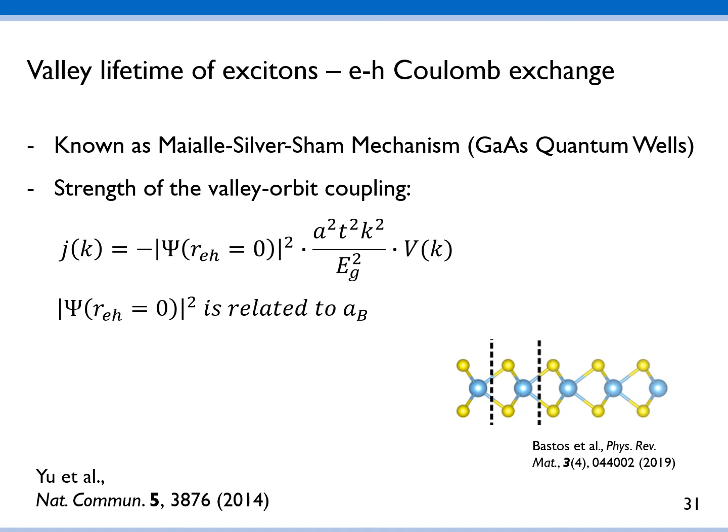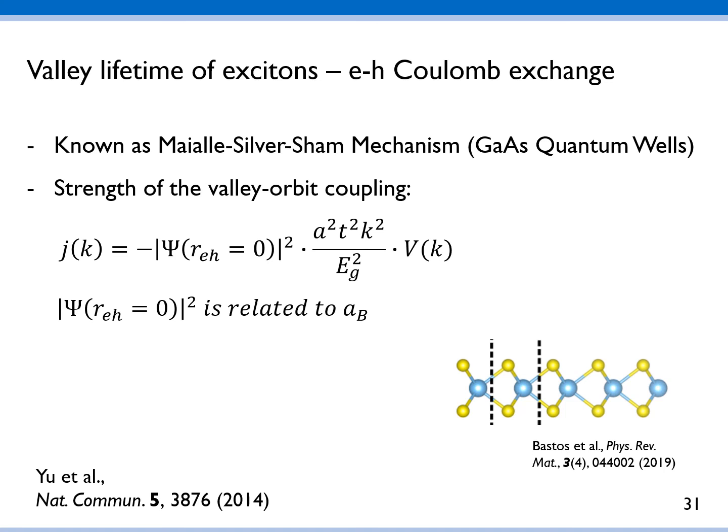Now, let's have a look at this coupling that's caused by the excitons. It's also called valley orbit coupling. The valley orbit coupling strength J is described as this. We can see here the Vk. This is the Fourier transform of the Coulomb interaction. And here we have a probability of psi 0, and the 0 is when the radius between electron and hole is nothing.